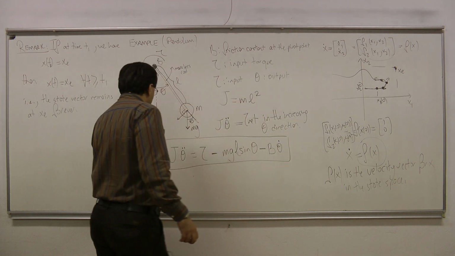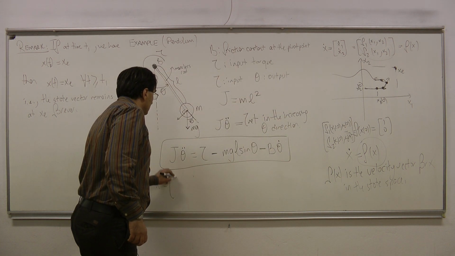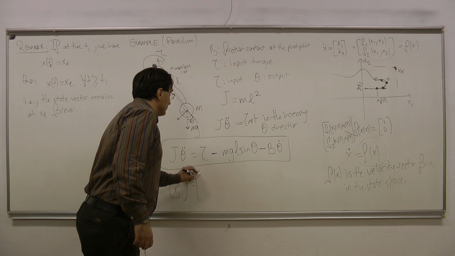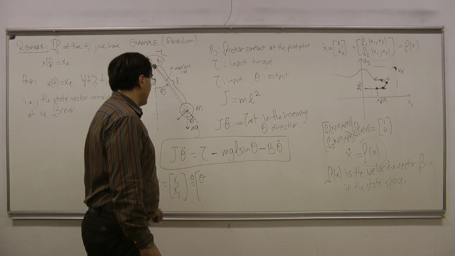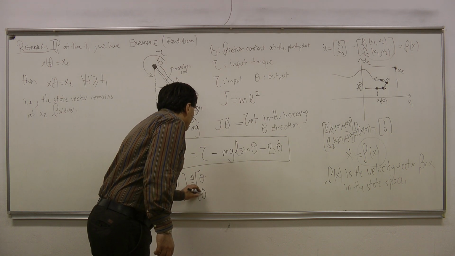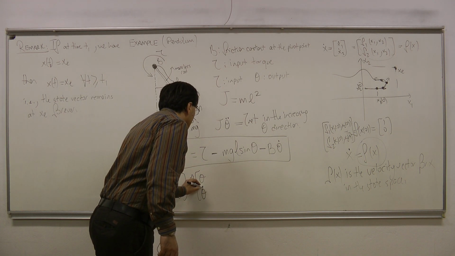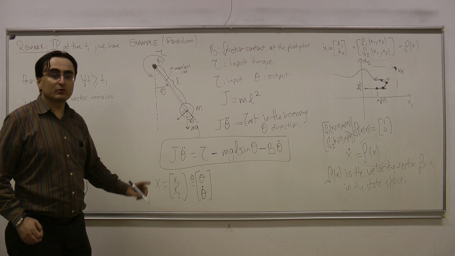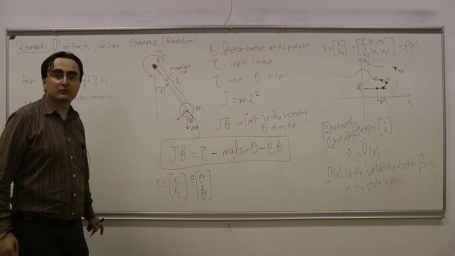So I'm defining my state vector as x equals x1 and x2, and I will define x1 as the variable theta, and the second state variable as theta dot. Just like the case of the differential equation state space conversion.